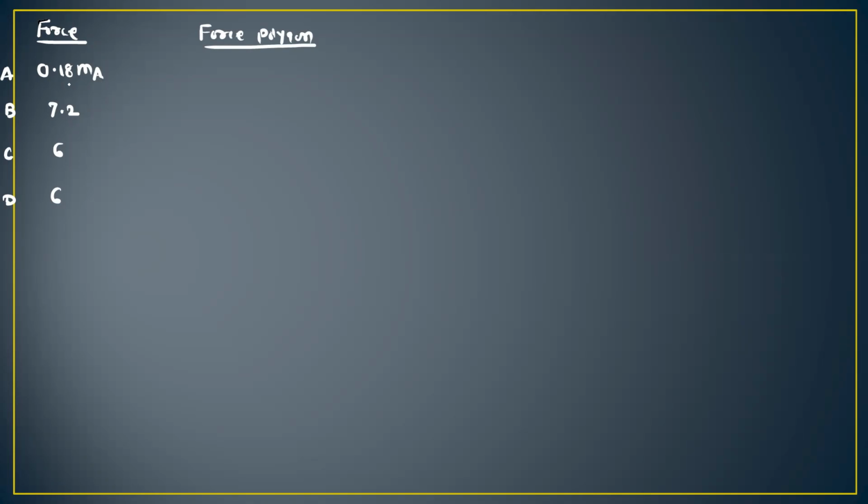So select the proper scale. Just neglect this value because this is the unknown value. 7.2 is the maximum value, and 6 is the minimum value. So you can select the scale: suppose 1 centimeter is equal to 2 kg meter. So you can convert this 7.2 divided by 2.